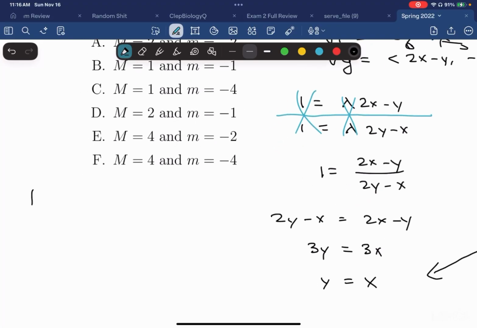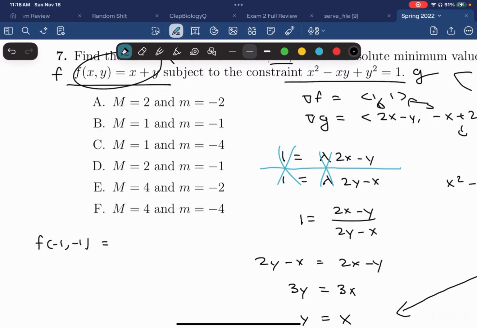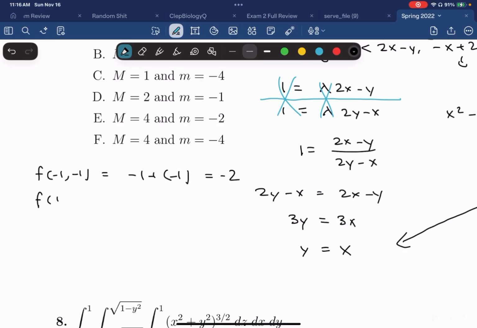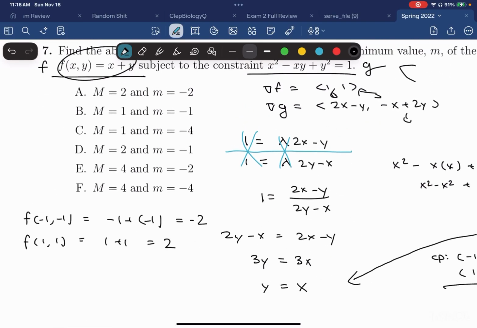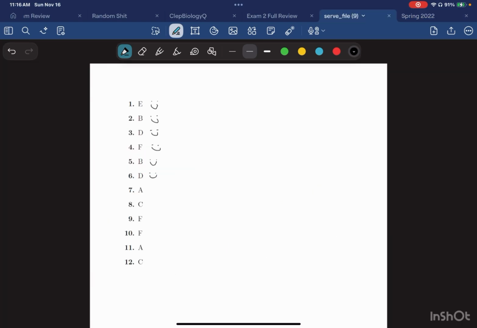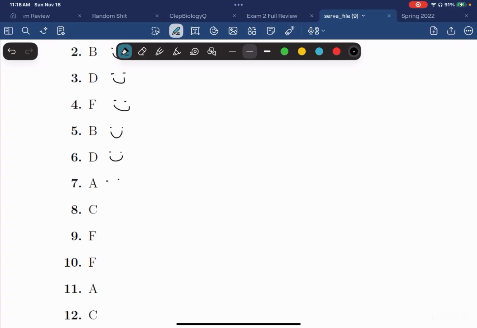So f of (-1, -1) will be x plus y, so -1 plus -1 gets us -2. And then f of (1, 1) will be 1 plus 1, which equals 2. So we find that M is equal to 2, while little m is equal to -2, which in this case is our answer choice A, which is correct.